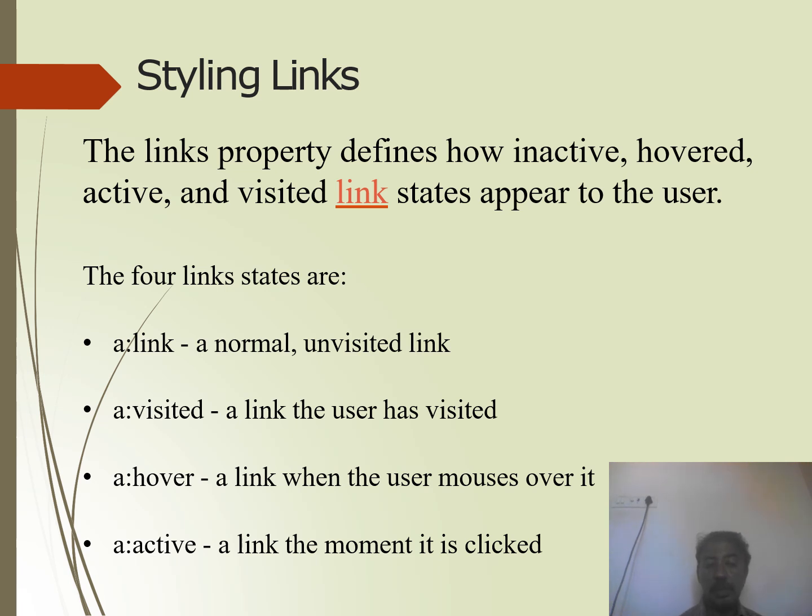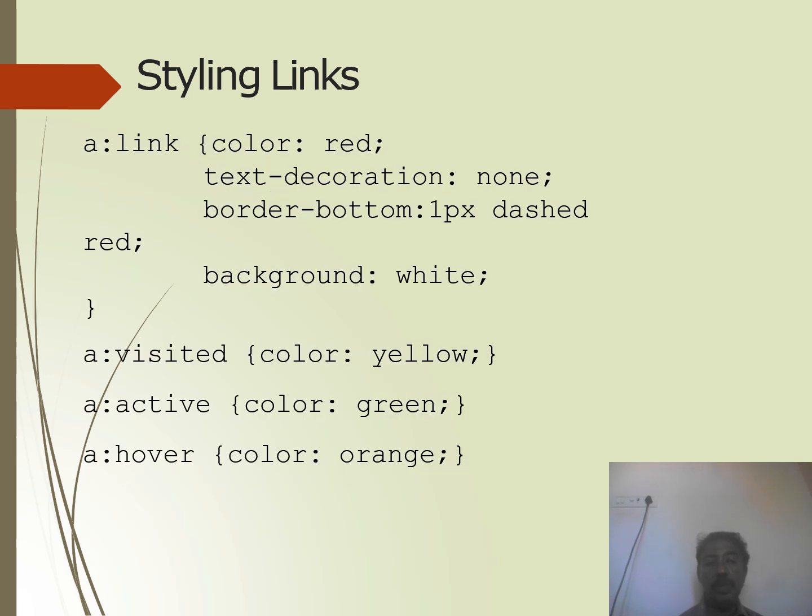Then a:hover, when the mouse is over it, at that time it will change the color. Then a:active, the link moment is clicked. If that link is clicked, only at that time the style changes. Then the styling program is what we have written. Therefore, for a:link, what color we are assigning.